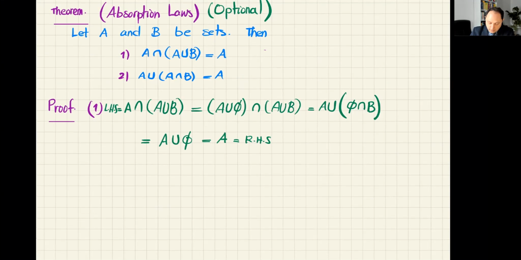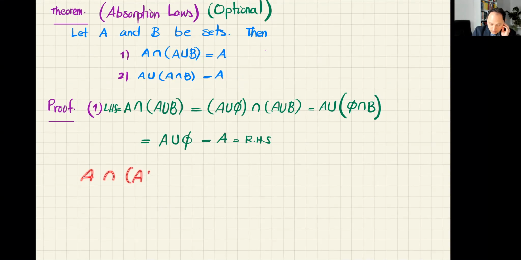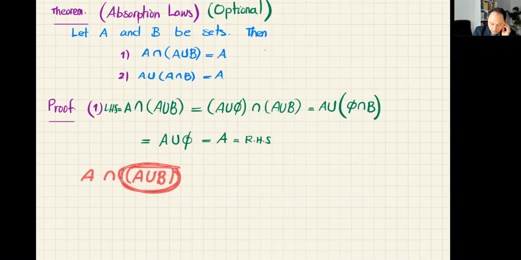Unfortunately, it disappeared. Okay, so let me just repeat it here. So A intersection (A union B). I want to calculate this. I will take this one as my circle, and this one as my box. But I know that the box is a subset of the circle.